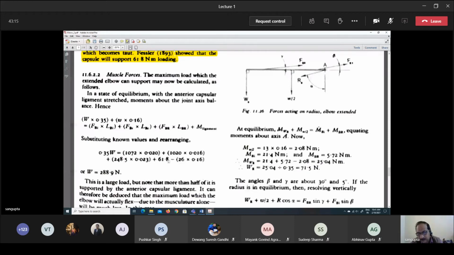Did you think about it? That is why they are saying this is a large load, but note that more than half of it is supported by the ligament.